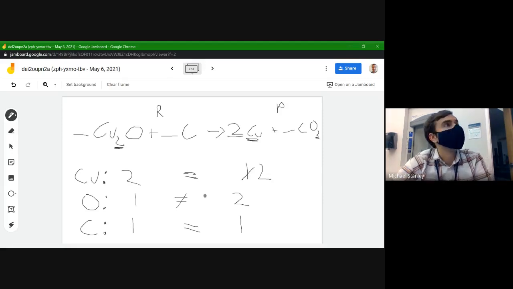We've got 2 oxygens on the product side. So what can we do over on the reactant side to give us 2 oxygens? Robert says put a 2. Robert, where is that 2 going to go?